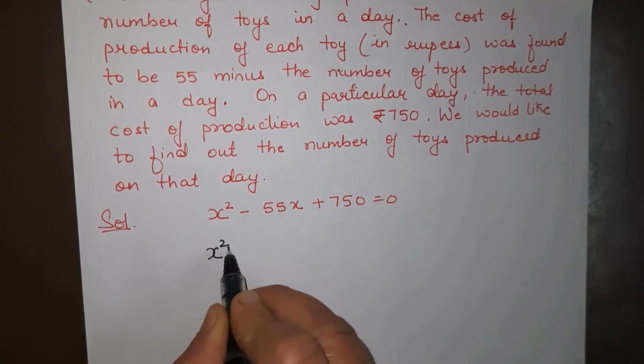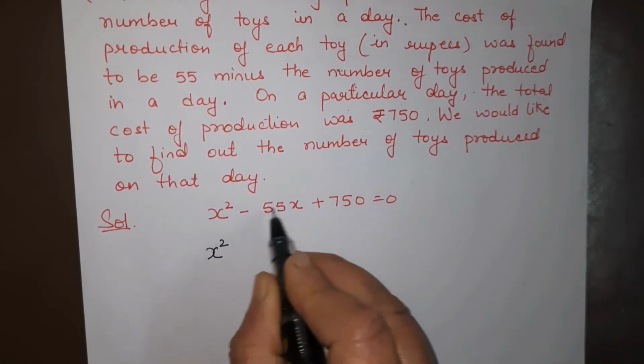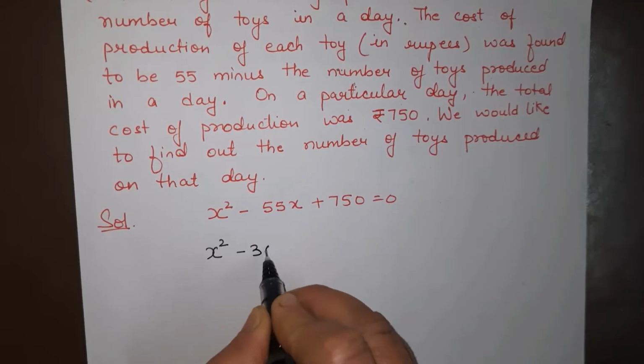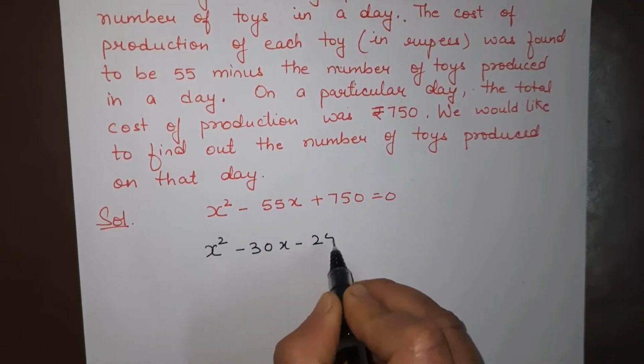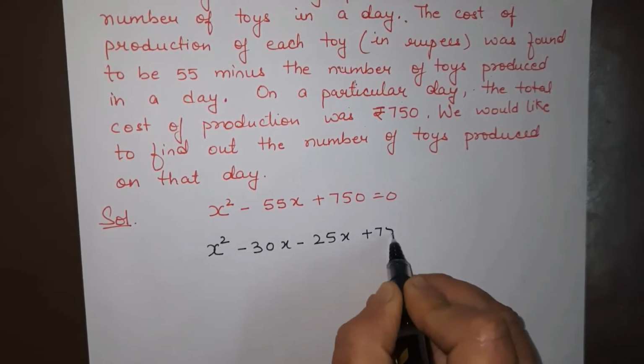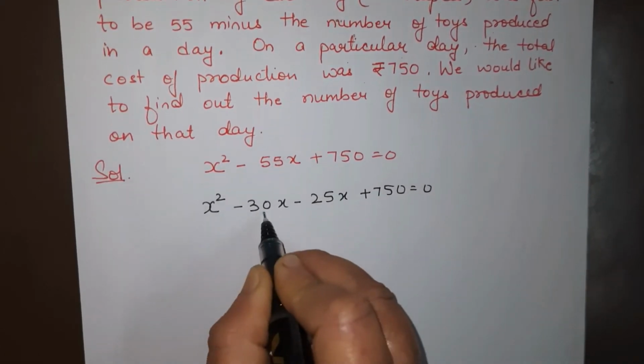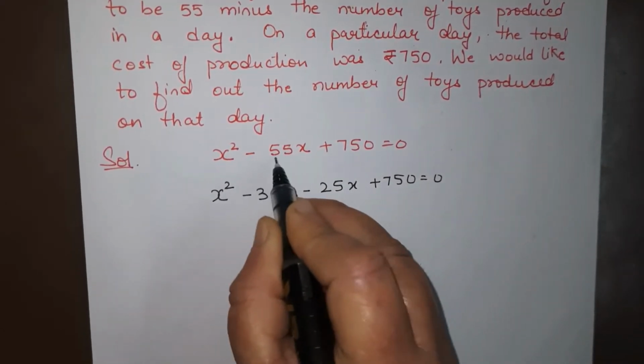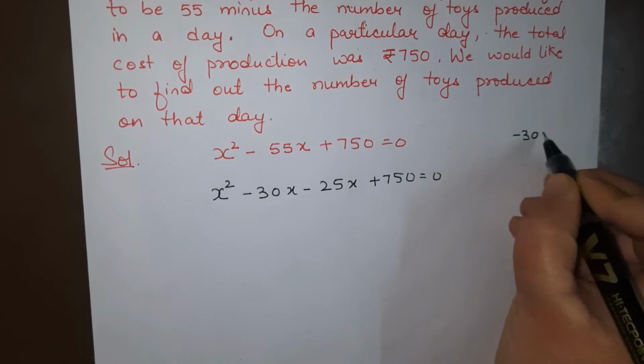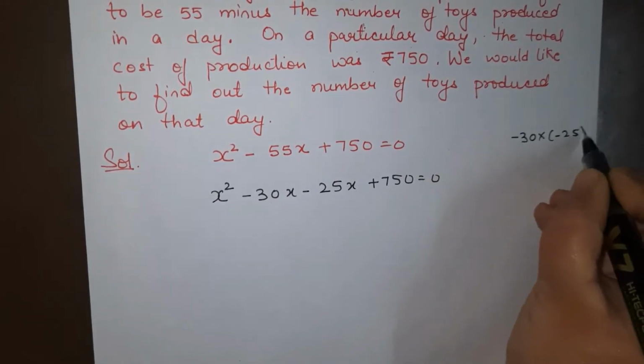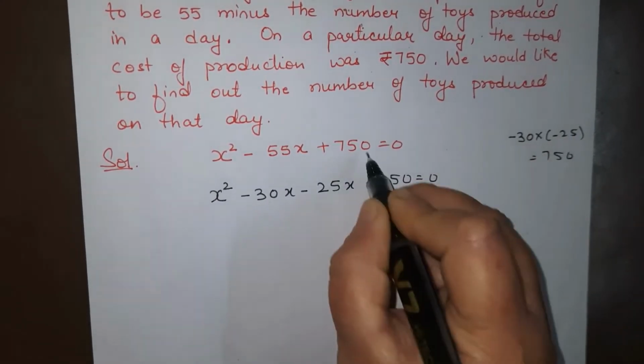So what we will do, the splitting of the term will be like this: minus 30x and minus 25x. Now see, minus 30 and minus 25 is minus 55, and when we multiply minus 30 and minus 25, we get 750.